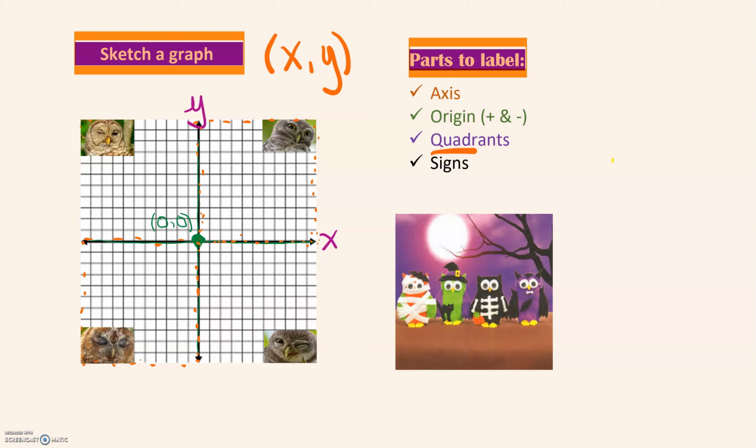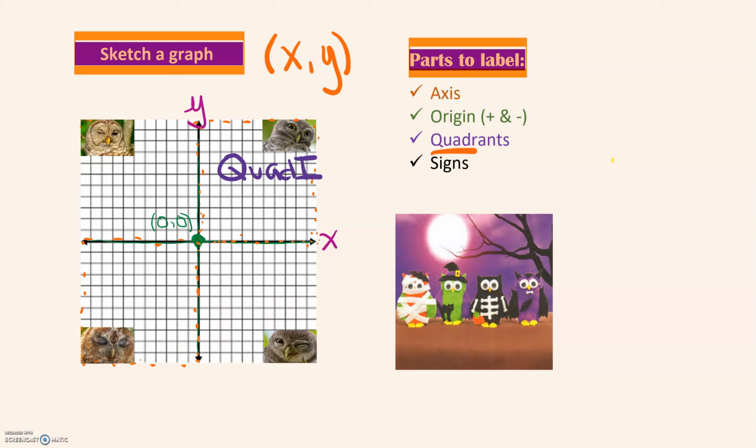If you said that quadrant 1 was in the upper left-hand corner, that makes sense because that's how we read. However, that's not how mathematicians are. We like to start where everything is positive, and then we'll let the negativity come into our world. So we're going to start in this upper right-hand corner. This upper right-hand corner is our quadrant 1.